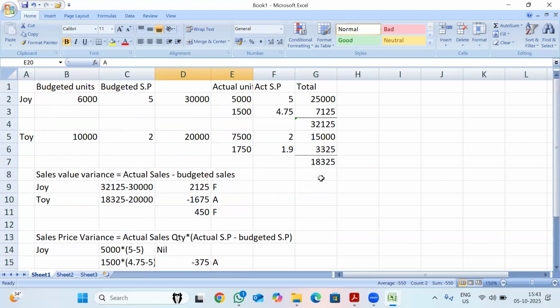Now let's calculate sales volume variance. So now we are going to calculate the variance for volume.